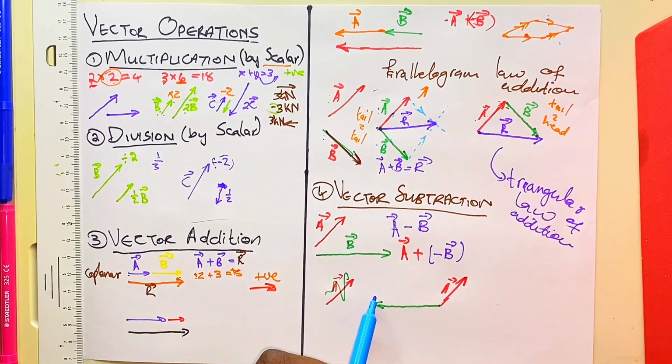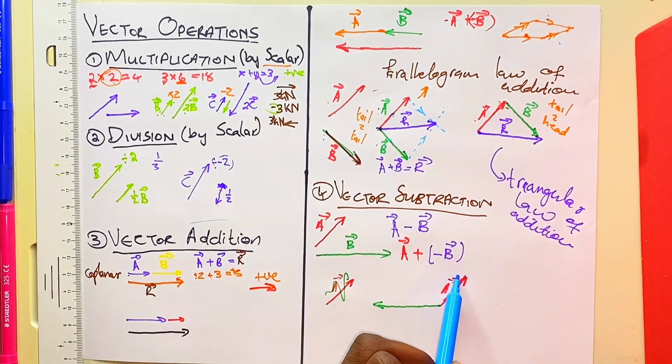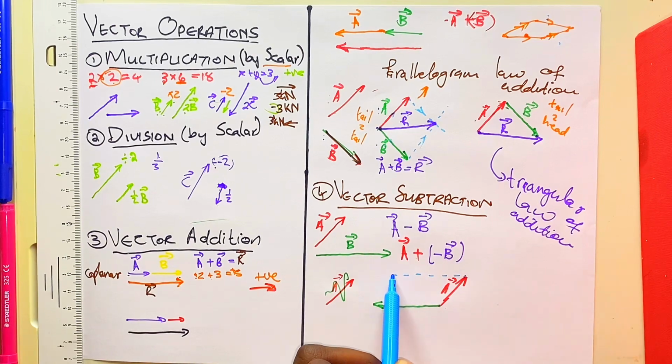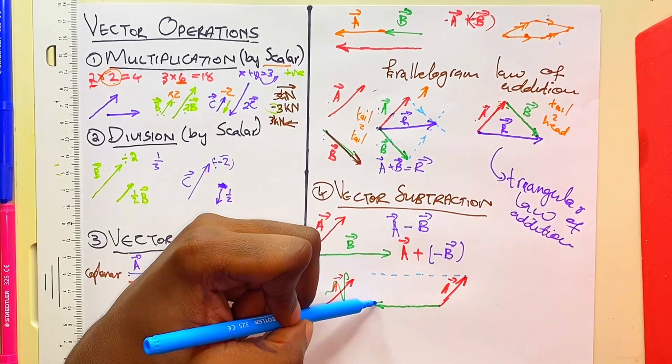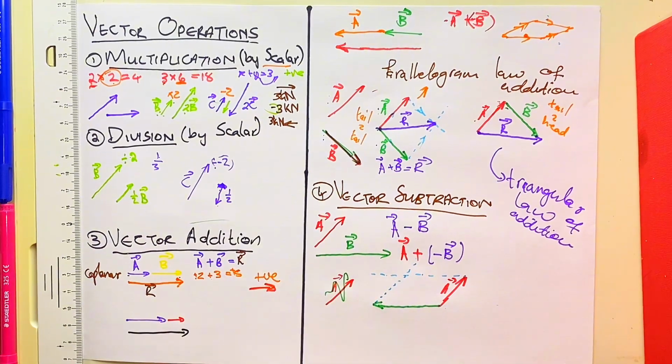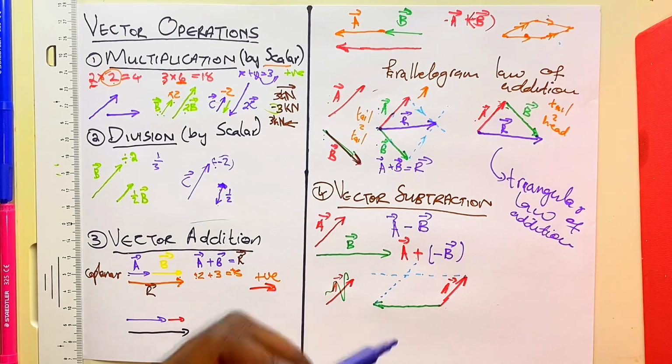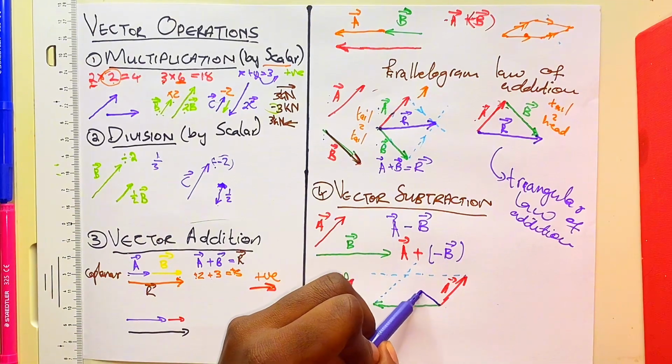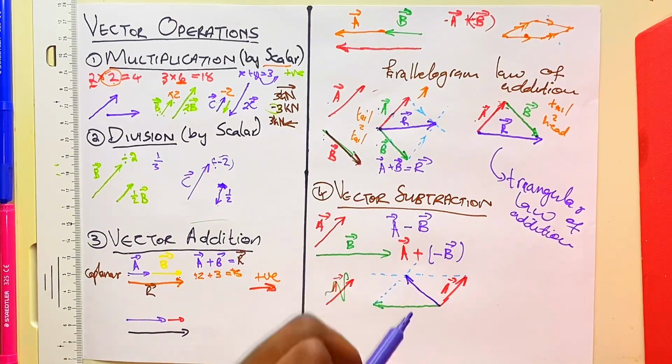And if we use the parallelogram law of addition, we now will draw a parallelogram where this side is parallel to this side. We'll draw another line that is parallel to vector A. And now our resultant vector will be a diagonal.